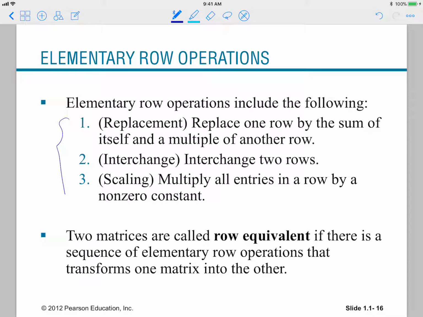Okay, so we basically have 3 different operations that we can use in order to solve this equation. The first type of operation is called a replacement, and this is exactly the same as 가감법, because we replaced one particular row by adding or subtracting another equation.